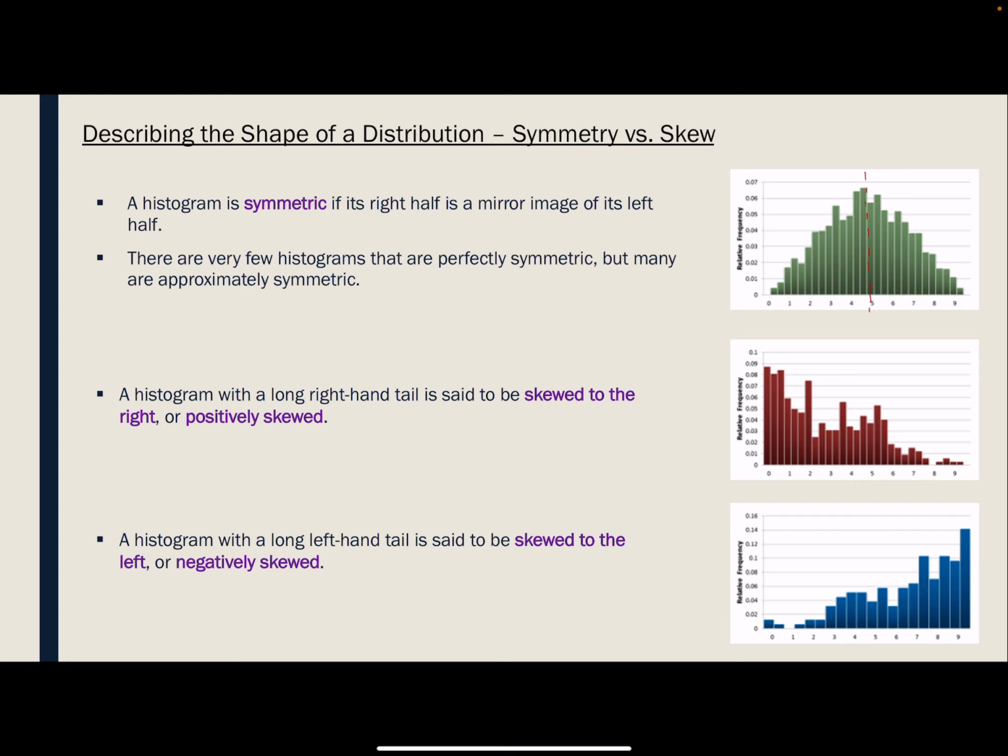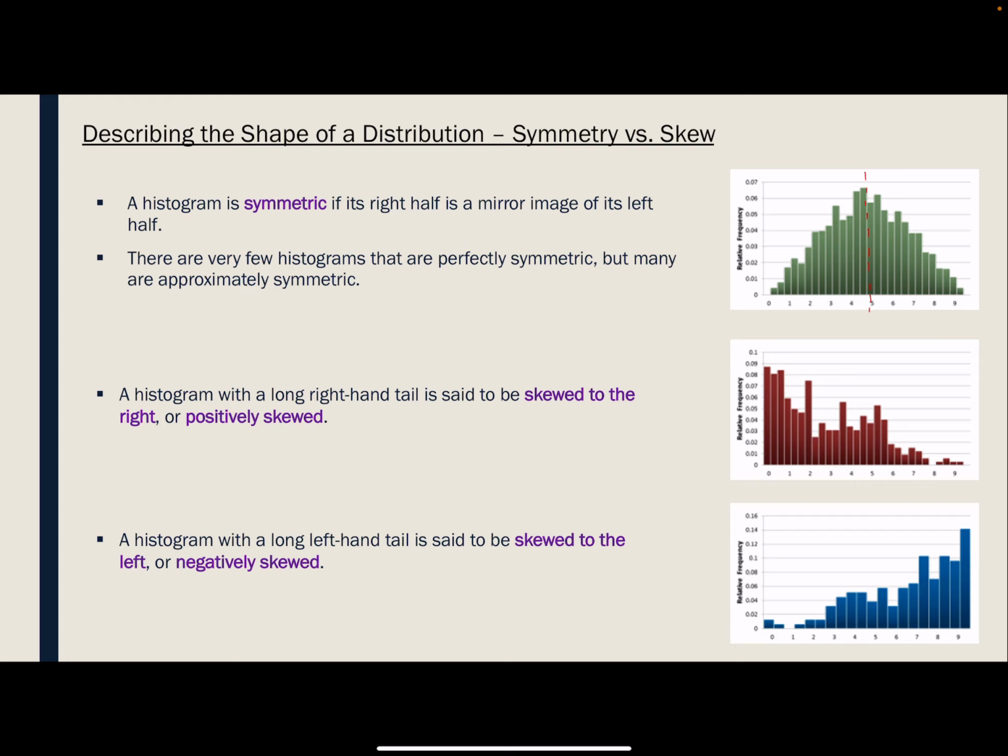That's not going to happen with observed data in statistics. In statistics, we say it's close enough to say it's symmetric. It doesn't have to be perfect. So this green graph is very nice, and it's very close to being perfectly symmetric. That's a good symmetric graph.